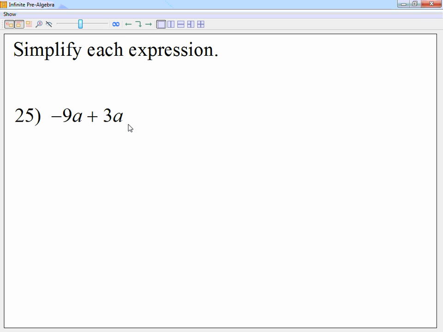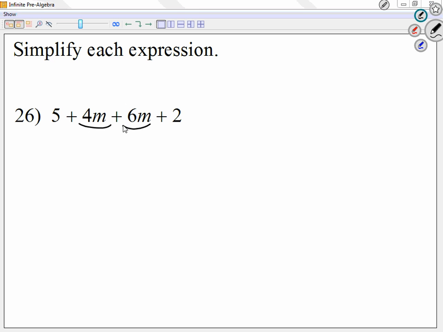Then we have a big section at the end, 25 through 42. First part, let me do 26 instead, because 25 is too simple. When we have too many terms, I'm going to combine the like terms. And the like terms are those that have the same thing. So I see 2 of them have an m. I see 4m plus 6m. So when I combine them, I get 10m.